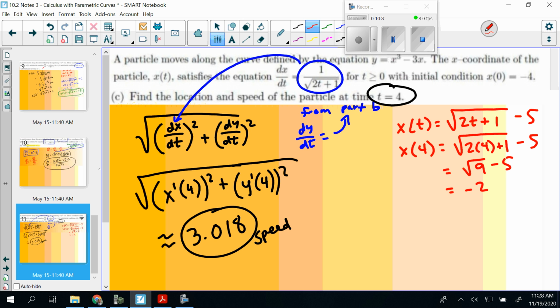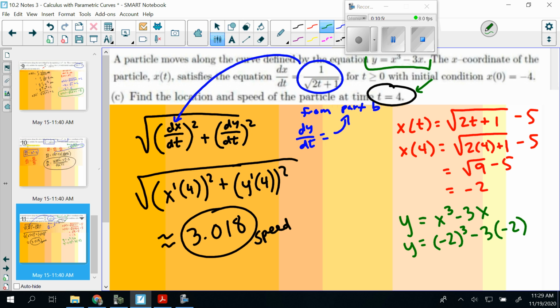For our y value, we got this y equation up here that we can use, but that's in terms of x. But that's okay, because we just found what that x value was. It's going to be negative 2, so now we can solve the y value out. Put negative 2 in for this, not 4, because 4 is the parameter of t.